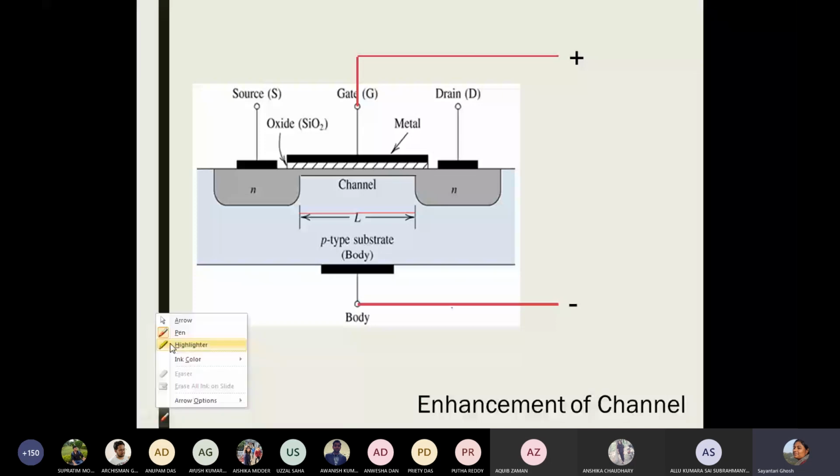To cause the inversion, you need a little bit of voltage, and that voltage is called the threshold voltage. Below that, there is no channel, so there is no current flow, and thus an enhancement type MOSFET basically remains off. If not biased properly, an enhancement type MOSFET is basically an off device. You have to apply proper biasing so that the channel gets opened and the current can flow.